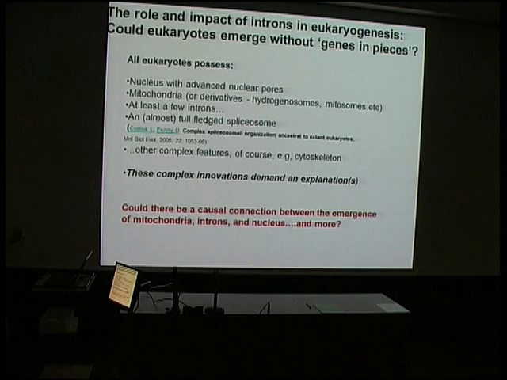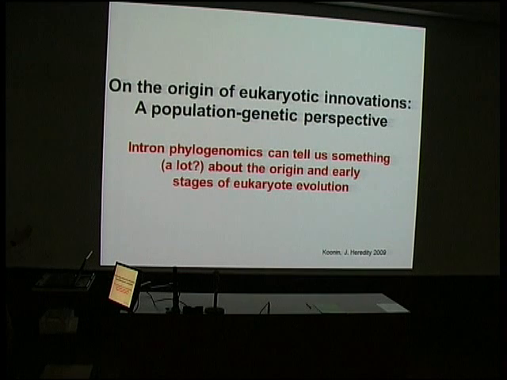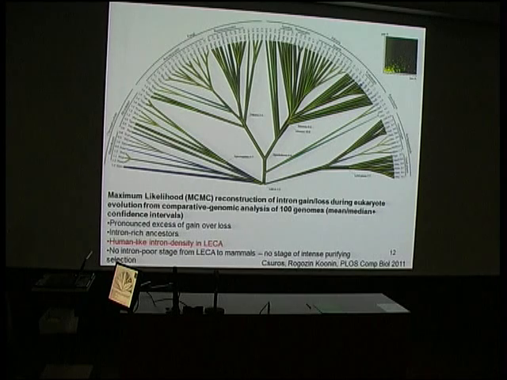Mitochondria, introns, nucleus, and possibly more. So, continuing on this subject of introns, I will provide a quick perspective from the point of view of population genetics. And I will try to show you that phylogenomic study of introns can tell us something important and possibly quite a bit about the origin and early stages of the evolution of eukaryotes.